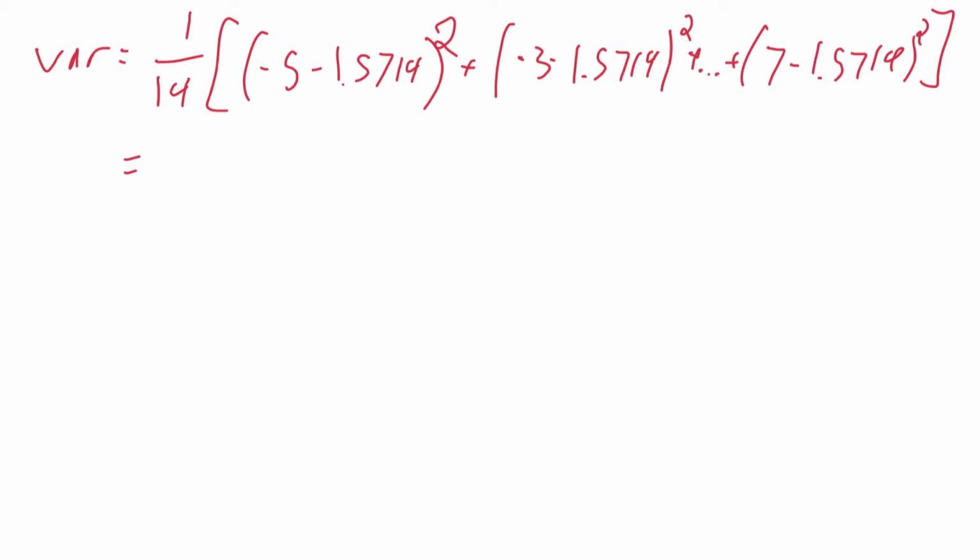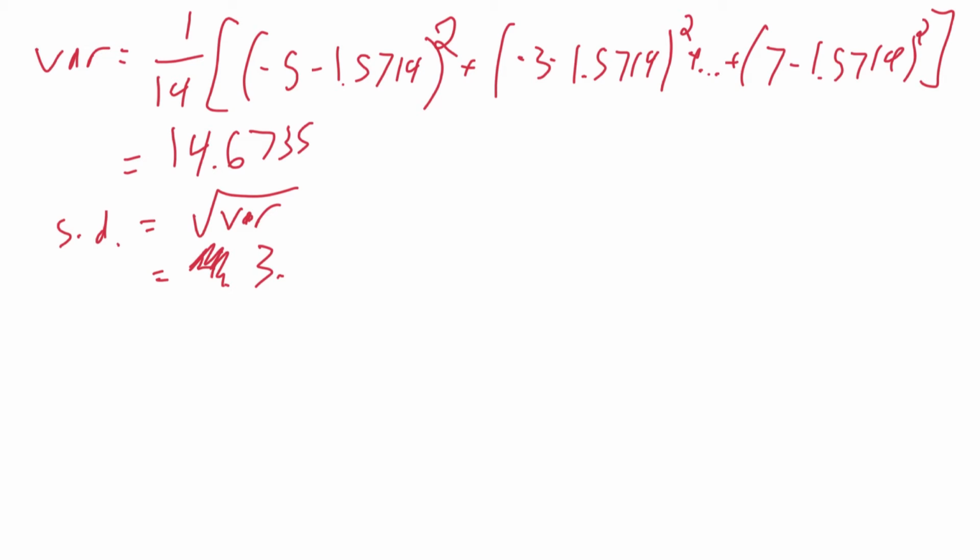To get that the variance is 14.6735, which means that the standard deviation is the square root of the variance, which is 3.8306. The 25th percentile is the median of the first half of the data, which is minus 1. And the 75th percentile is the median of the second half, which is 5.